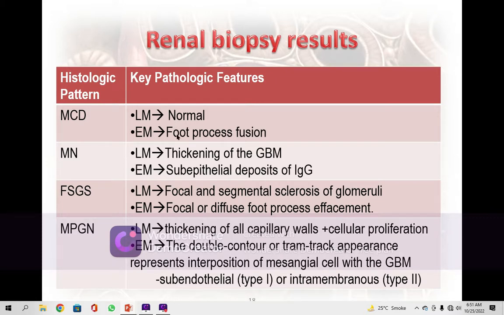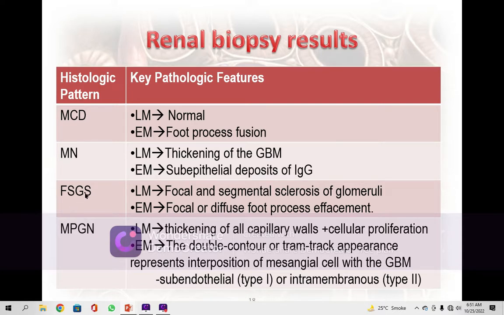It is only possible to see the loss of foot processes in a high magnifying field, or in the electron microscope. In membranous nephropathy, in light microscopy you find thickening of the basement membrane, and in the electron micrograph you find the subepithelial deposits of IgG.